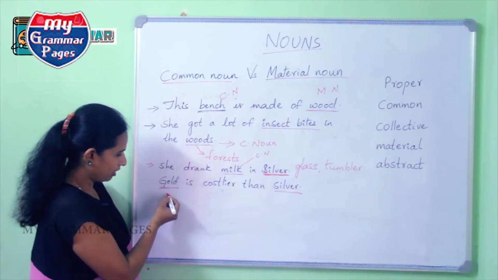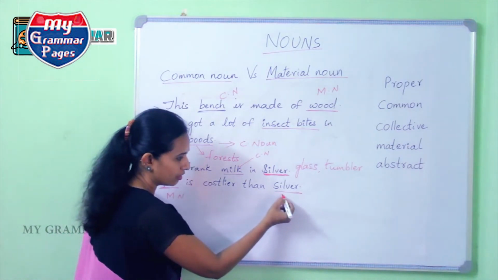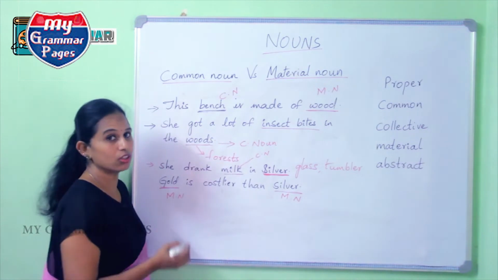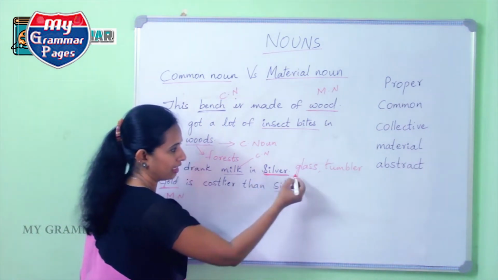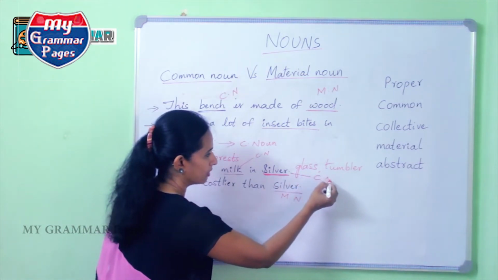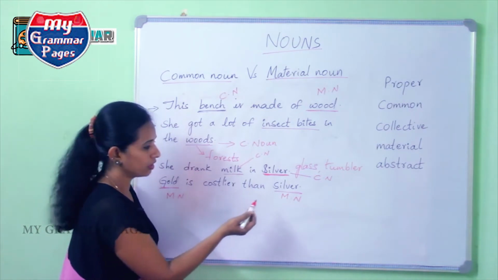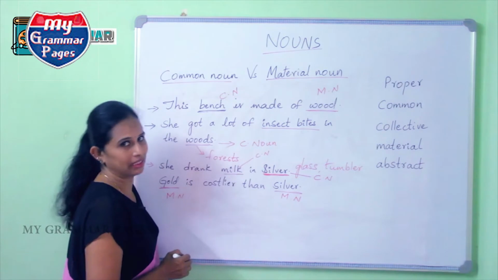This is the raw material, it goes under material noun, and here silver is once again a material noun because he is referring to the raw material but not a container. So when it is referring to a container, it becomes a common noun, and when we are talking about the raw material, then it becomes a material noun.